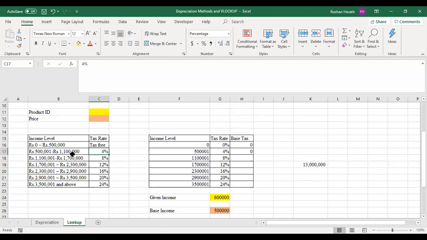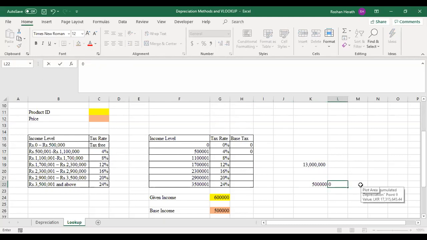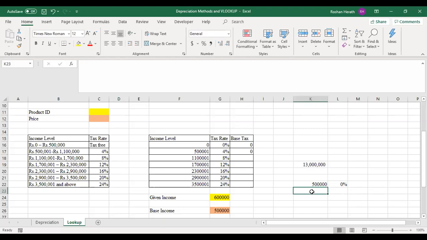If I'm to work out the base tax for this person who is earning 13 million per annum, it would be like this, no? If I simply work out up to 500,000, the applicable rate is 0%. Then the second band goes up to 1.1 million. So from 500,000 to 1.1 million, another 600,000 is there.